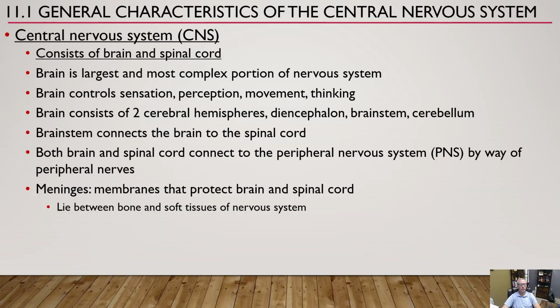So, the central nervous system. We know that it makes up the brain and spinal cord. Obviously, the brain is the most complex, largest portion of the nervous system. We also know that the brain controls sensation.